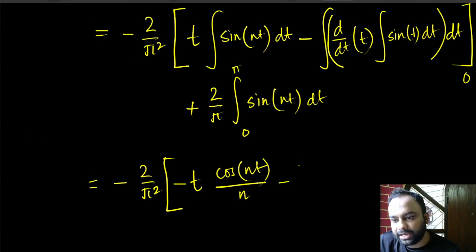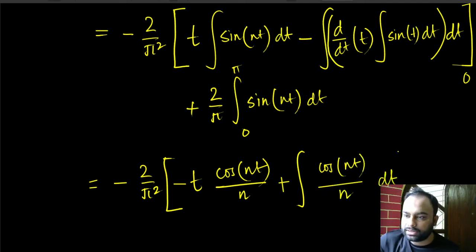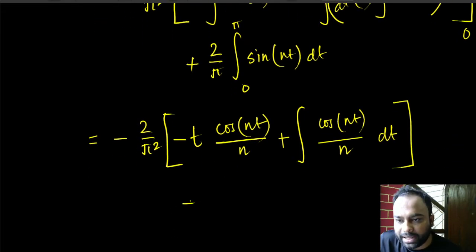And we have a minus sign, and if we differentiate t, this becomes 1, and again the integral of sine is minus cos, so I have a plus sign, cos nt by n, dt, right? So that's one integration left over, and we have plus 2 by pi integration from, so let's do the integration here.